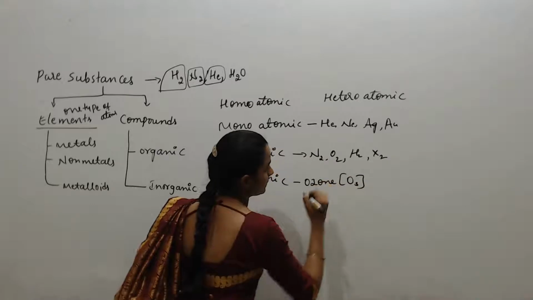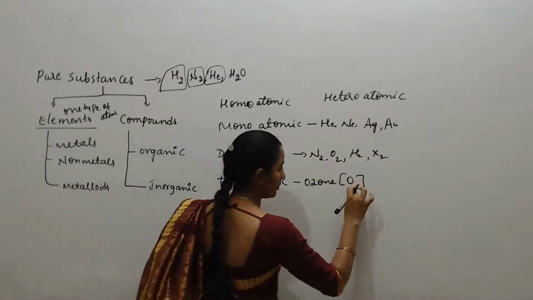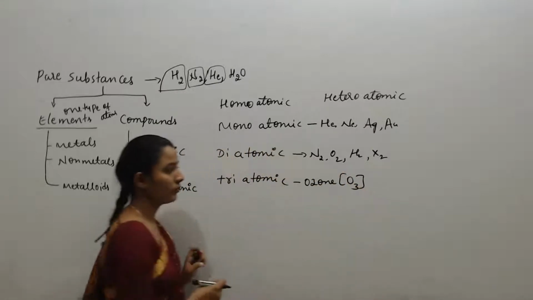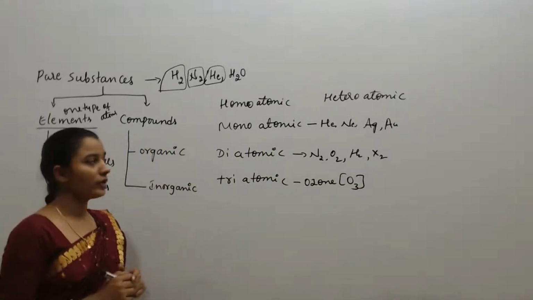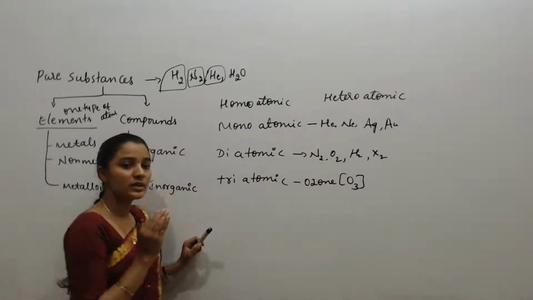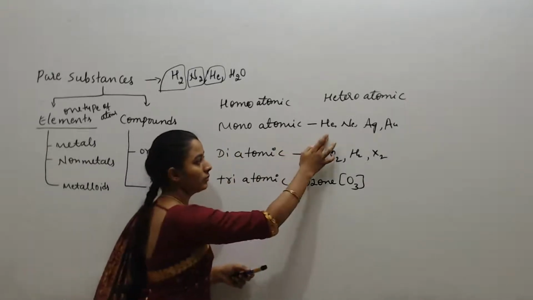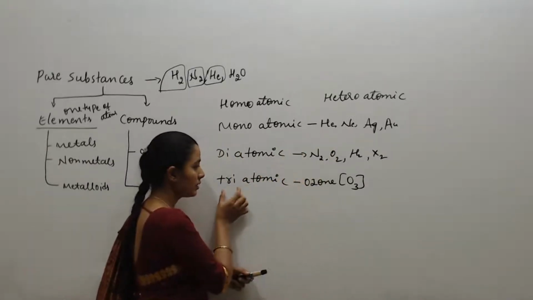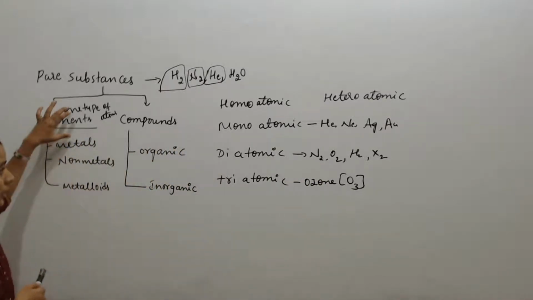That is O3. This is O3 molecule. This is monoatomic, diatomic and triatomic. You know what is mono, di, tri represents number of atoms present in the substance or a compound. Mono means one atom, di means two atom, tri means three atom. Okay, so this is all about what elements.